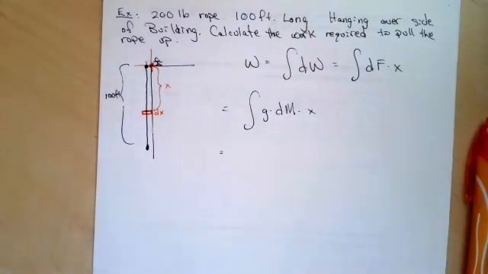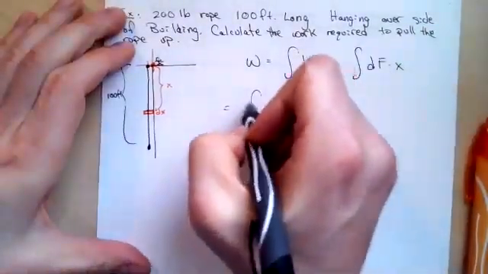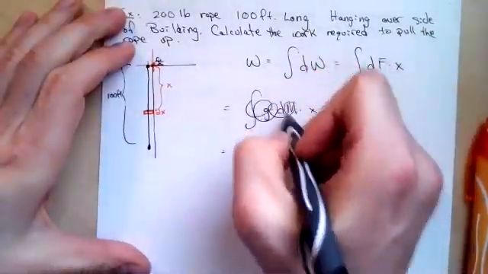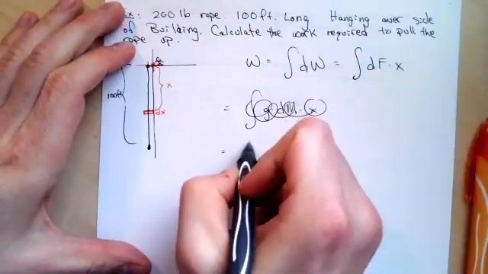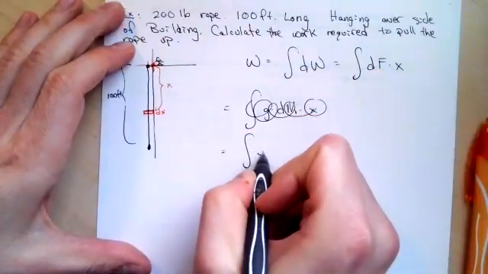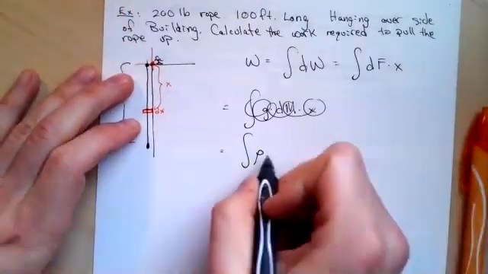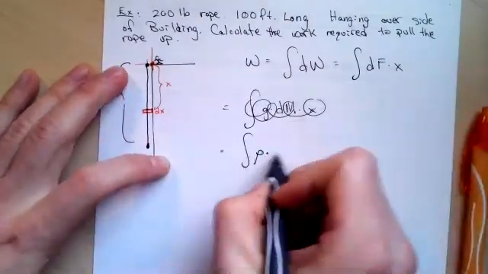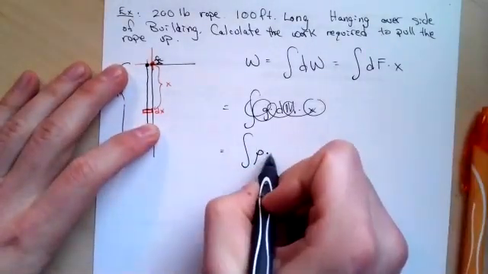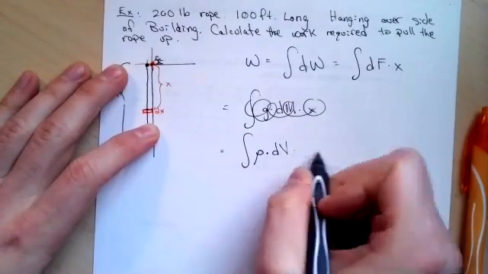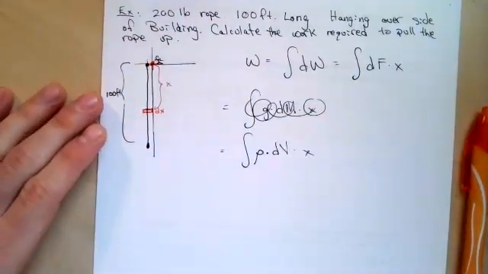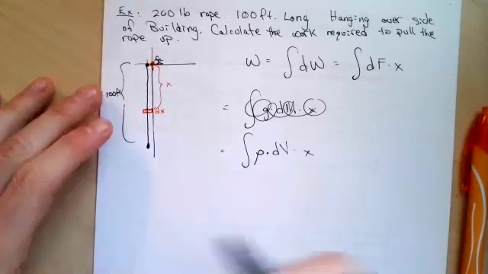We're using the empirical system, so we don't have this. We can skip a step since we already have force. So the force is just going to be the density, which is the weight density, not the mass density, times the volume times the distance we have to travel to get work.